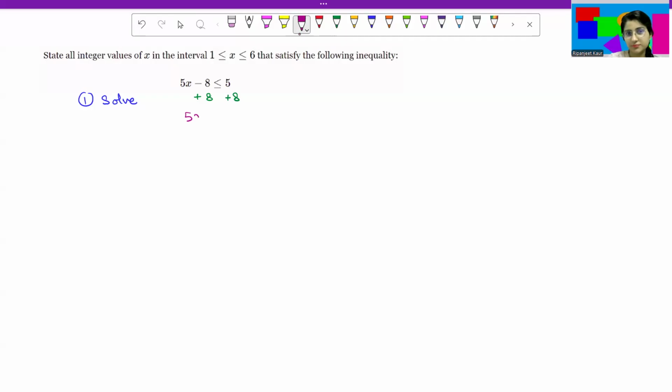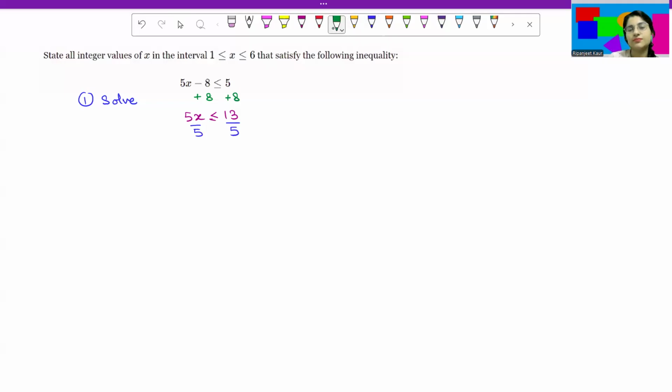5x is less than or equal to 13. Very good. Now it's 5 divided by 13, or 13 divided by 5? I mean, 5x divided by 5, then 13 divided by 5. What does it give us?